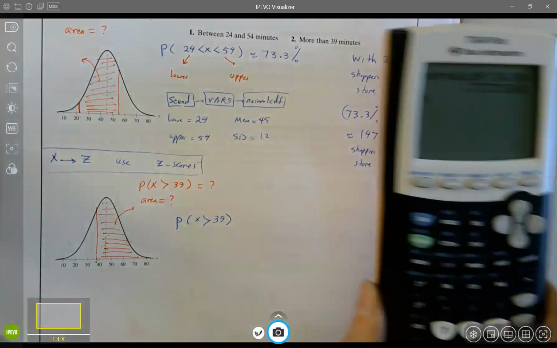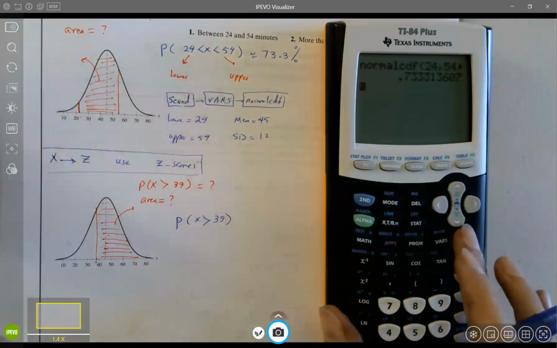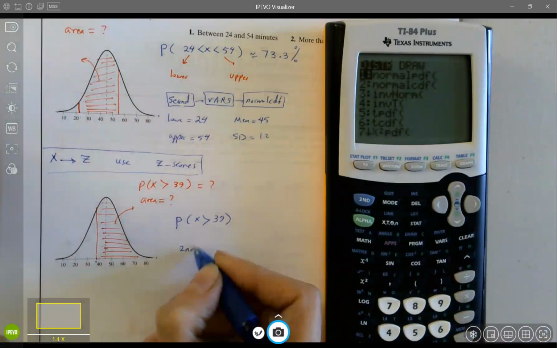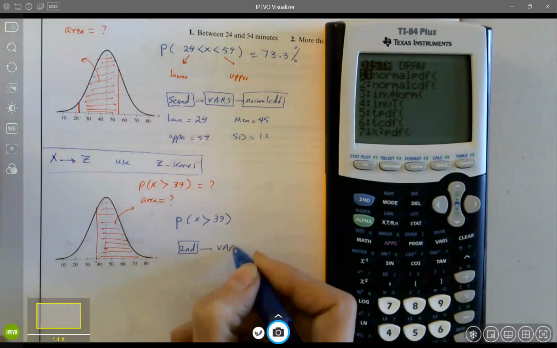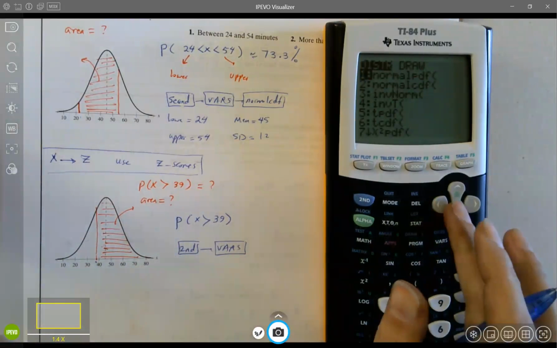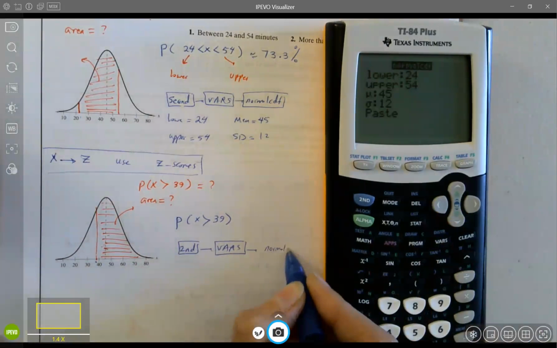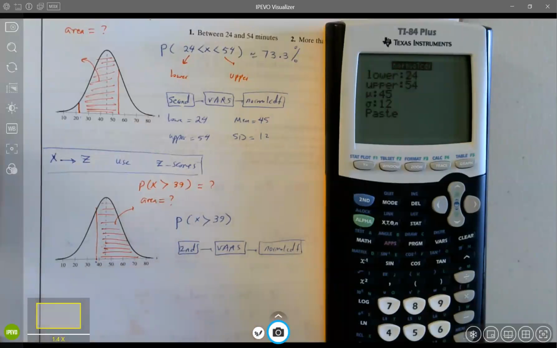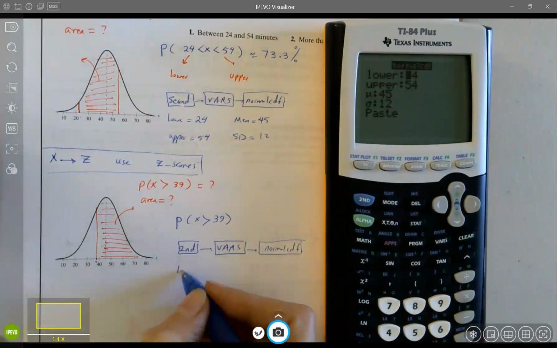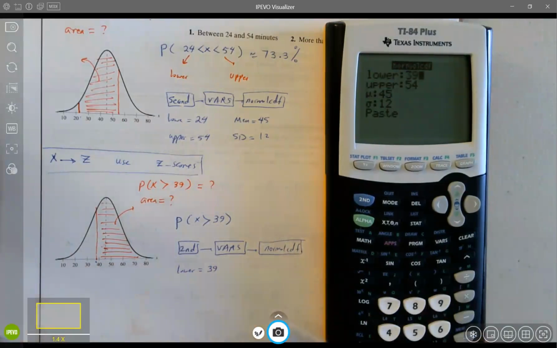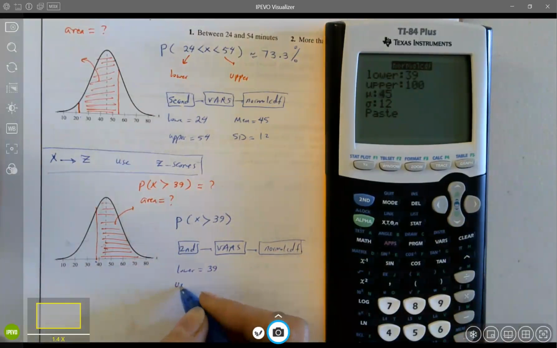Use our calculator. Second, VARS. We find the normal CDF. Our lower bound is 39 minutes. Our upper bound goes to a positive number. You can use 100, 1,000, or a large positive number.